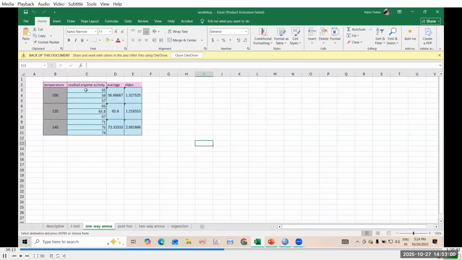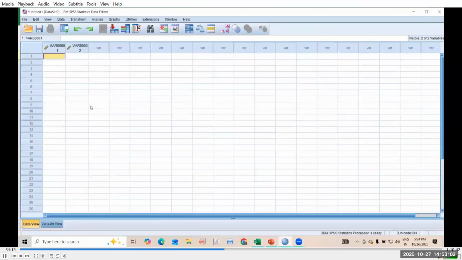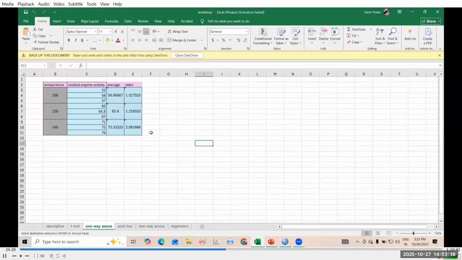And there are 3 replicates, so we'll put 1 three times, 2 three times, and 3 three times. Okay, that gives the independent variable.